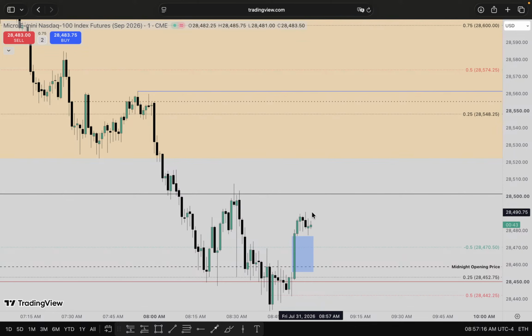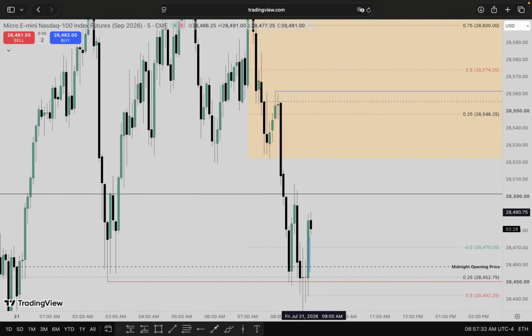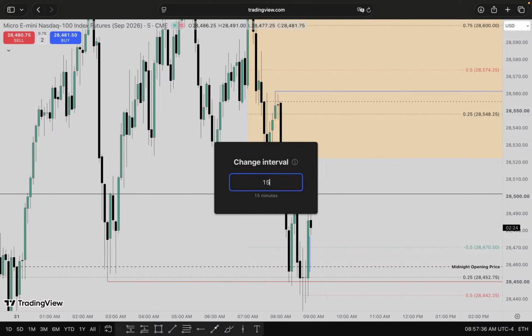Then I'll just go ahead and long that. But 9 a.m. is about to open up here, so I do want to see how that opens up before I take this setup, because 9 a.m. can get crazy, to be honest. But I like how we closed above on the 5-minute.